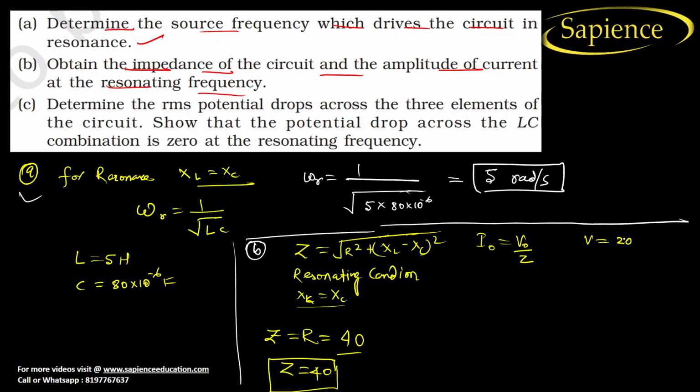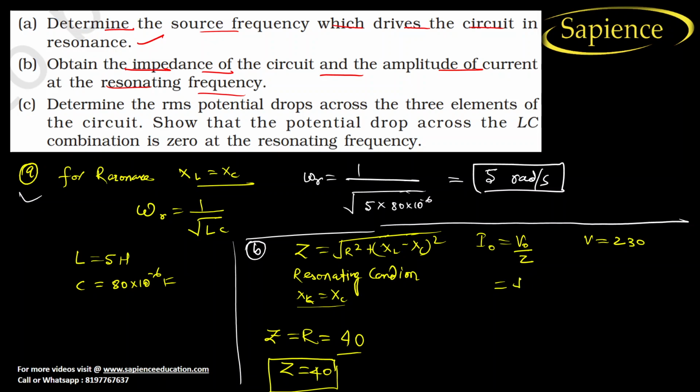But we need to use V naught, which basically means peak voltage.